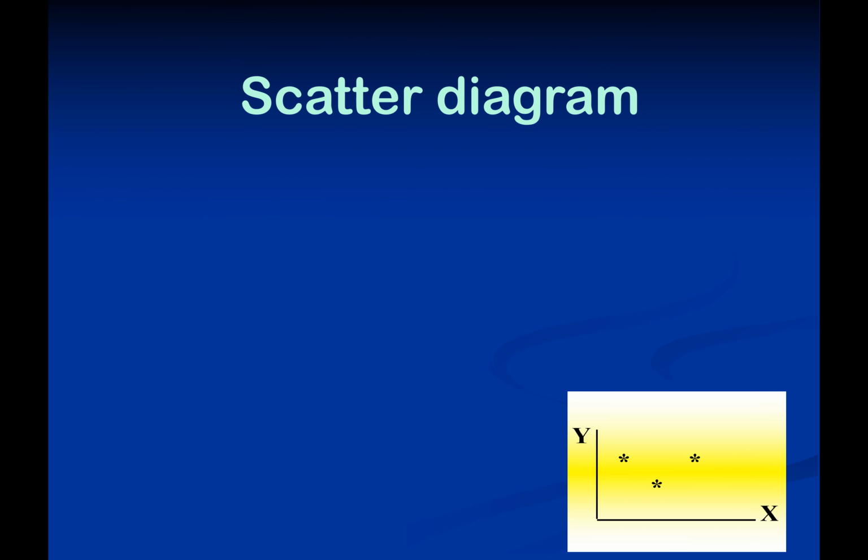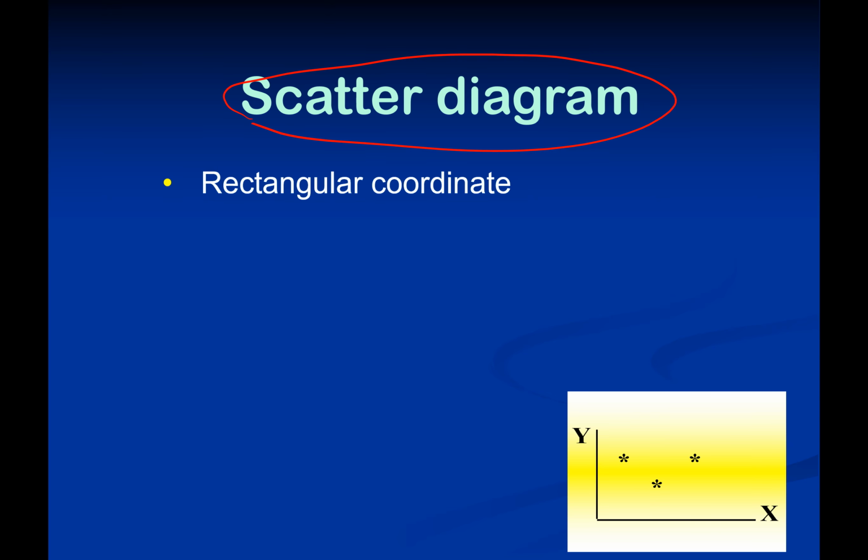Now, one of the most useful tools we can use to understand the relationship is called a scatterplot. Put into the Cartesian system with rectangular coordinates, we have two quantitative variables.